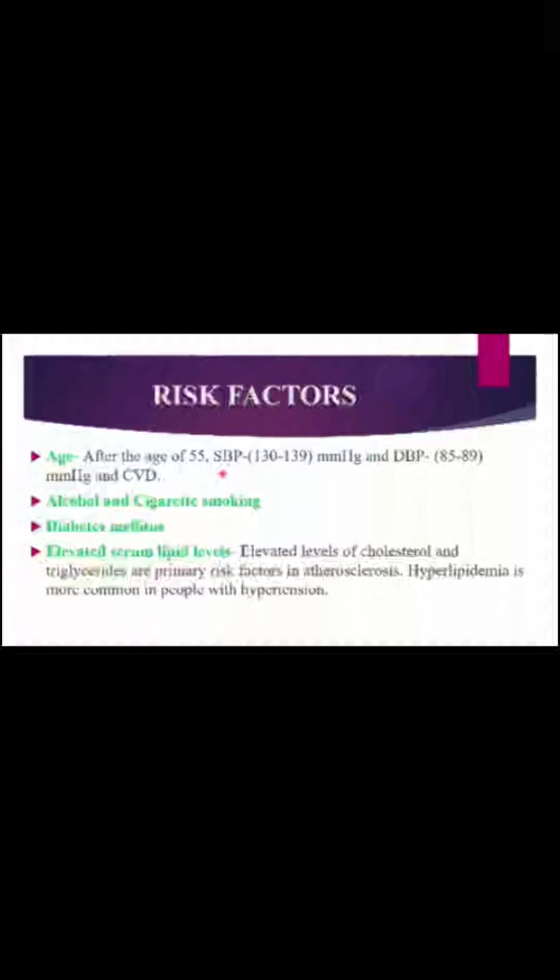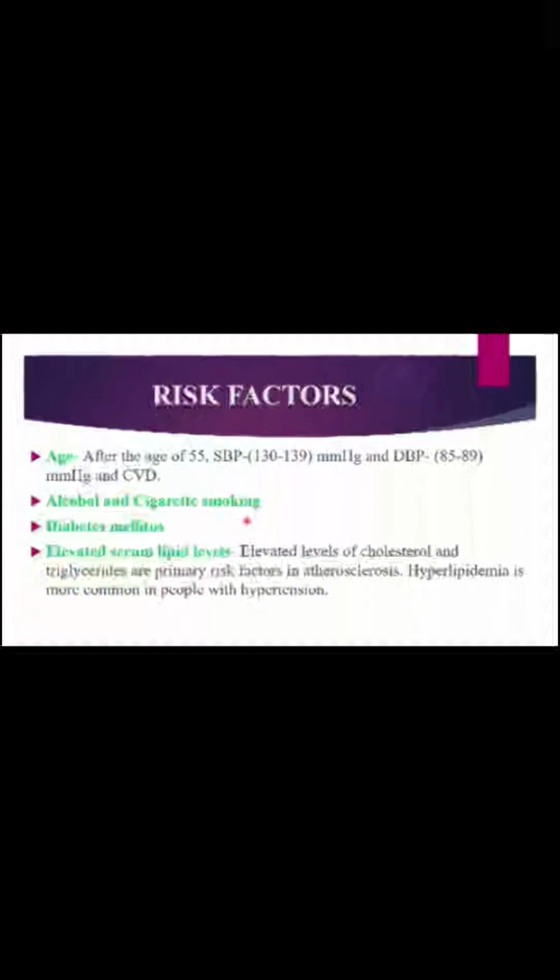For people more than 55 years old, the systolic blood pressure is 130 to 139 mm of Hg and the diastolic 85 to 89 mm of Hg, and these persons have more chances of getting cardiovascular disease. Then alcohol and cigarette smoking.